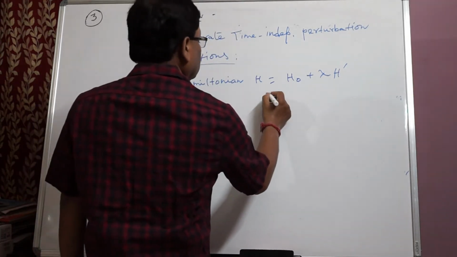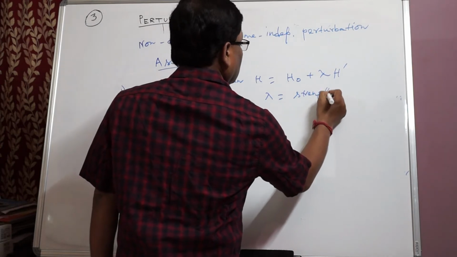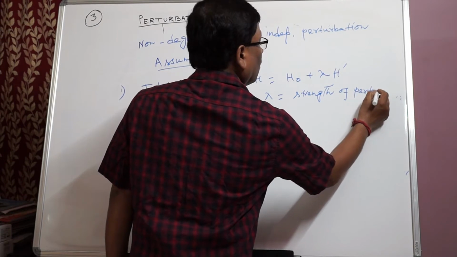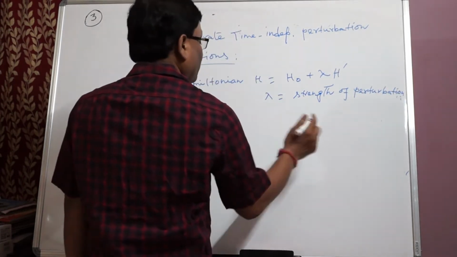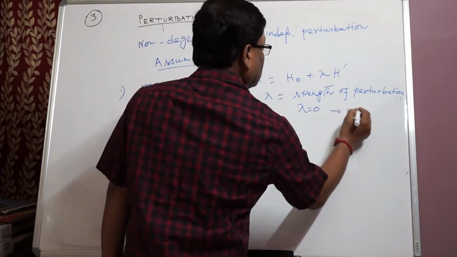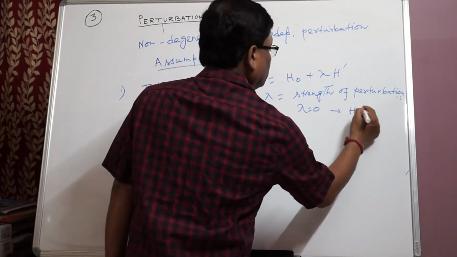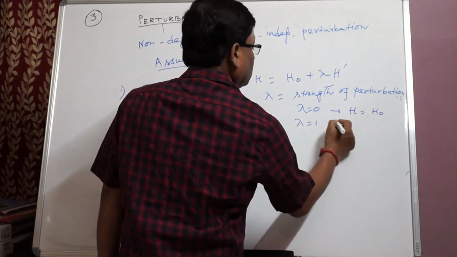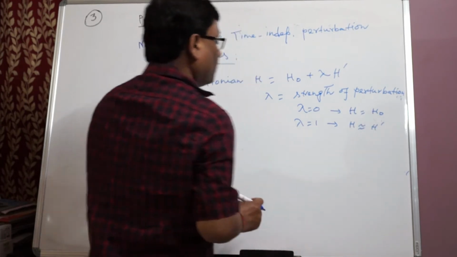Here lambda is called the strength of perturbation. If lambda equals 0, then there is no perturbation and H equals H0, and if lambda equals 1, then it is the full H prime.